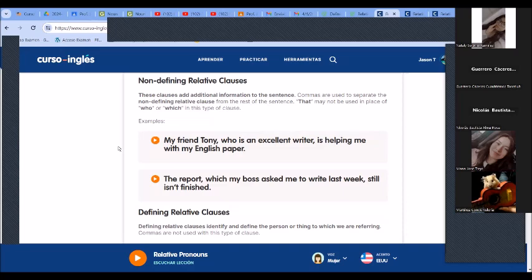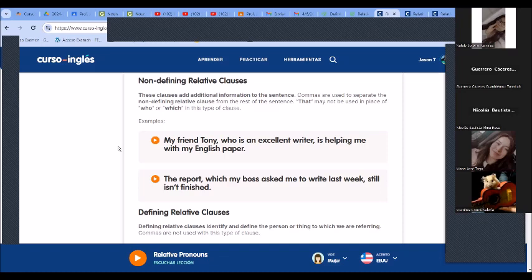"That" may not be used in place of "who" or "which" in this type of clause.